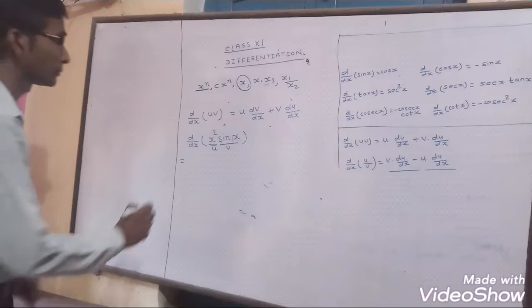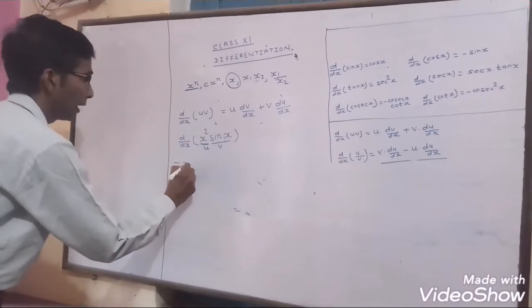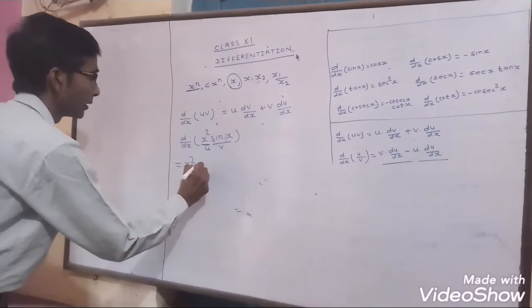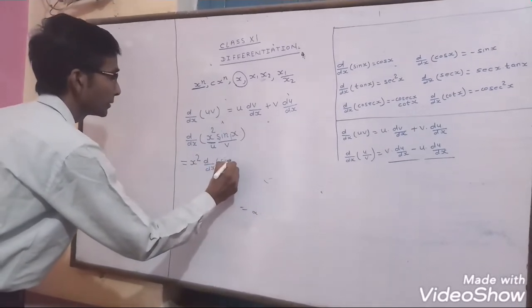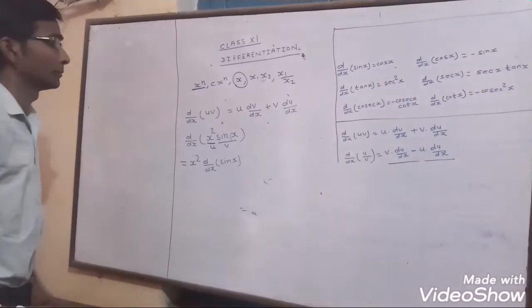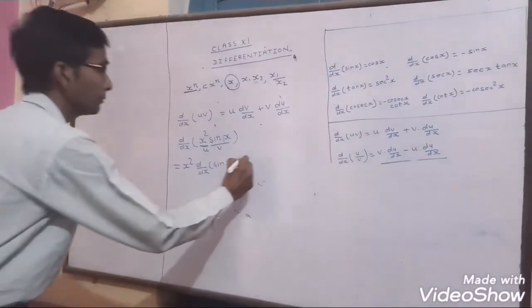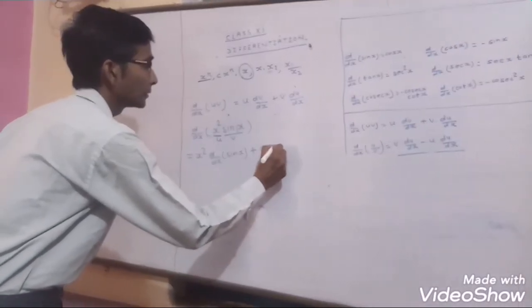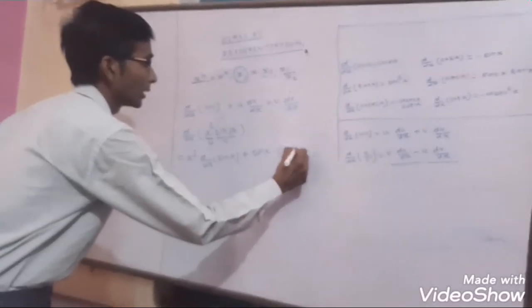Then u, x square d by dx sin x plus v, sin x and d by dx x square.